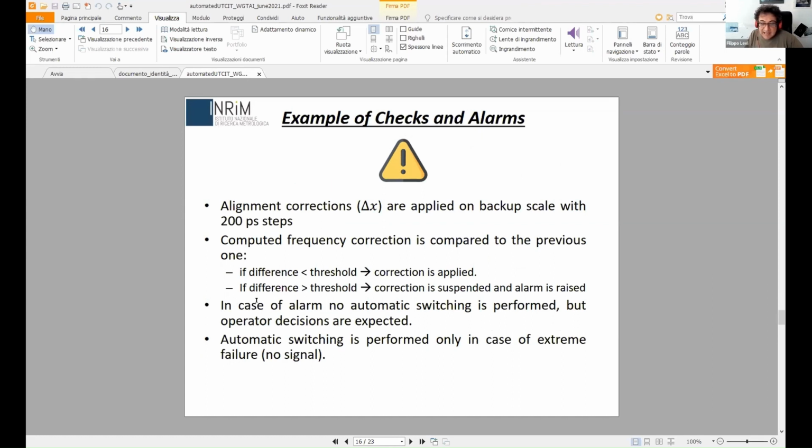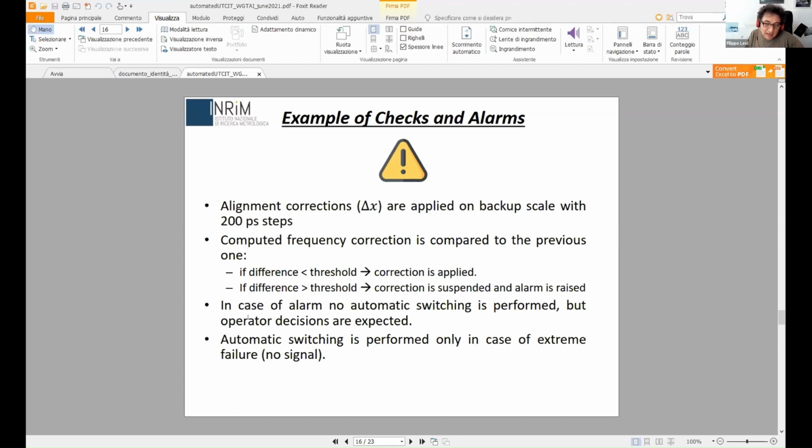If the difference is larger than a given threshold, this means that there is some problem either in the master timescale or in the backup timescale. The system is not capable of saying automatically if the problem is in the master or in the backup timescale. So no correction is applied and the alarm is raised.